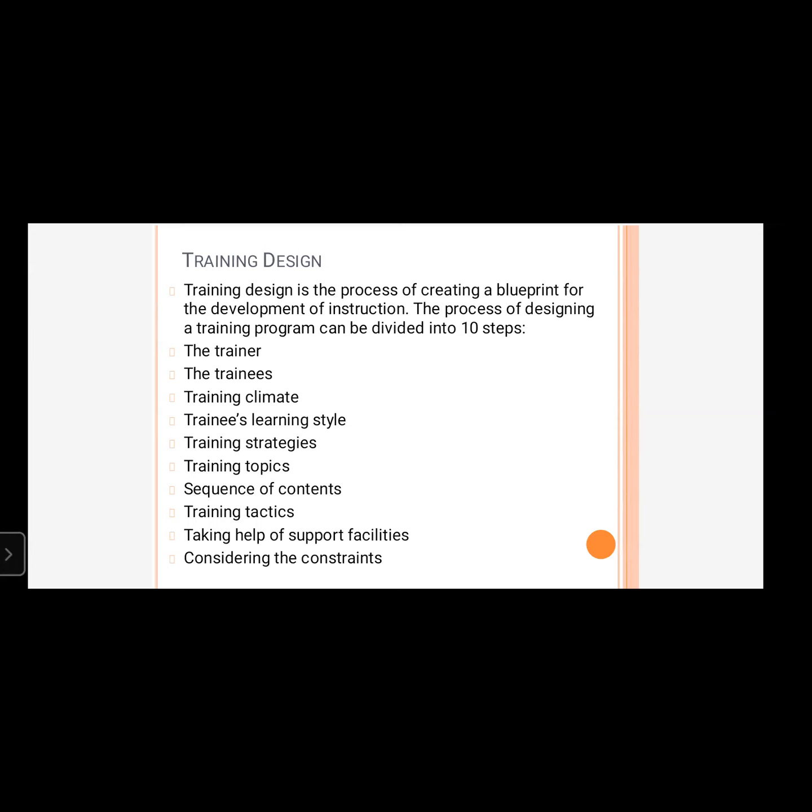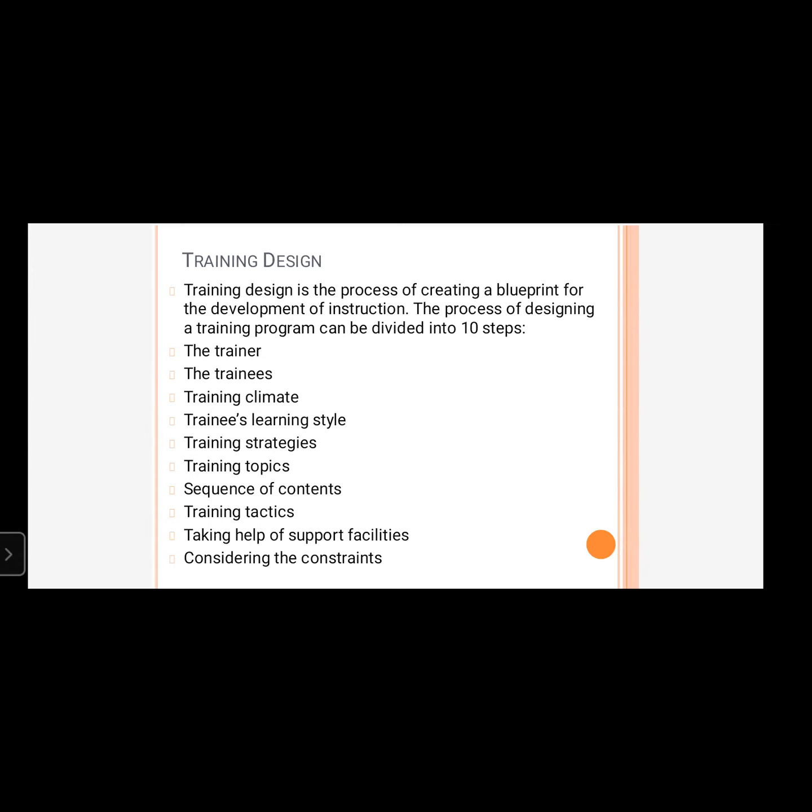It's a manufacturing type of organization where they want to give machine operations training to their newly joined machine operators. Now the trainer should know the machine operation in and out. He should have a very thorough, very sound knowledge about the machine operations.